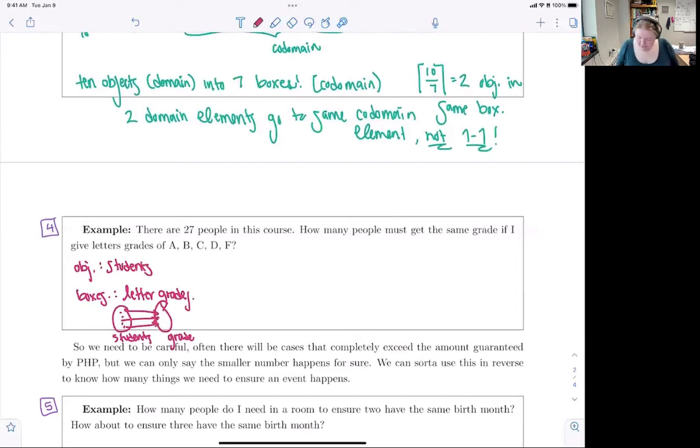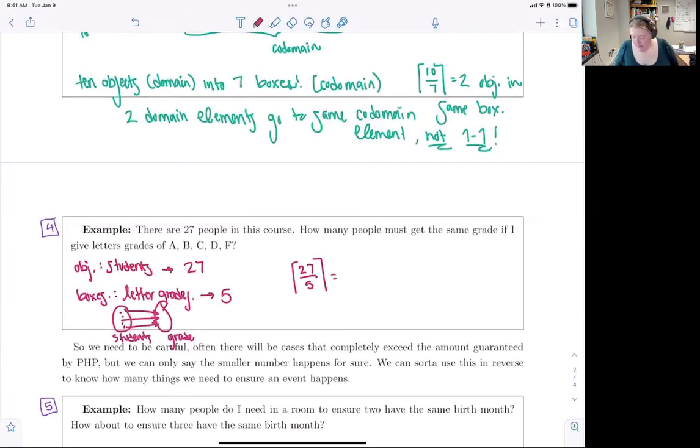So there are 27 of these. There are 5 of those. As I distribute them, Pigeonhole principle says there is at least one box with at least this many people in it.